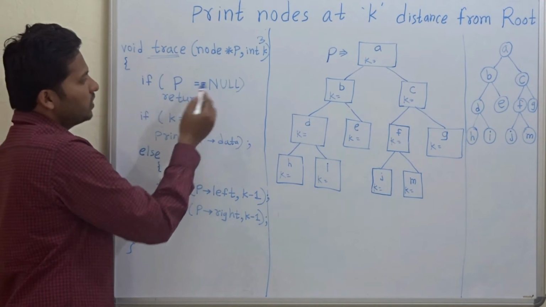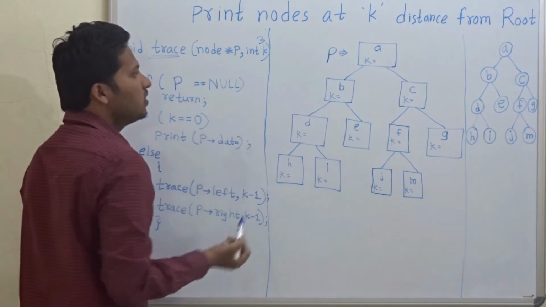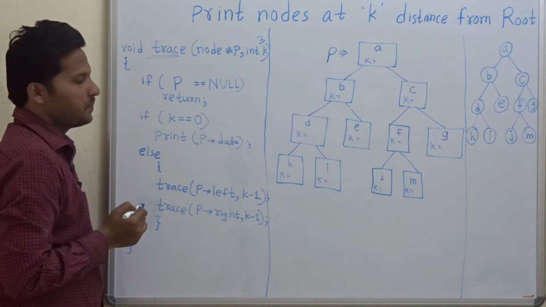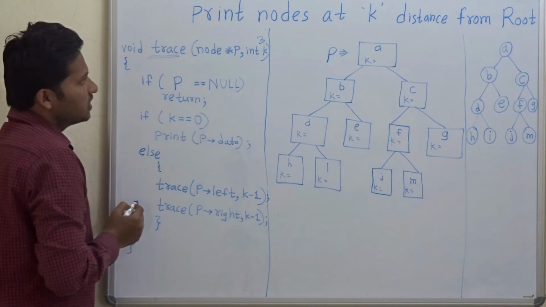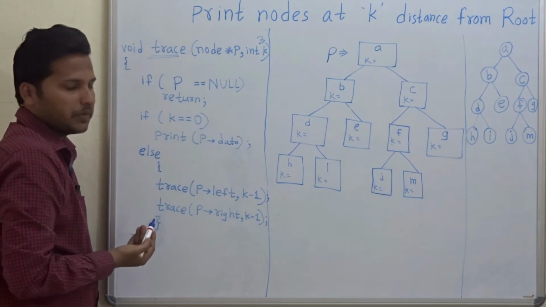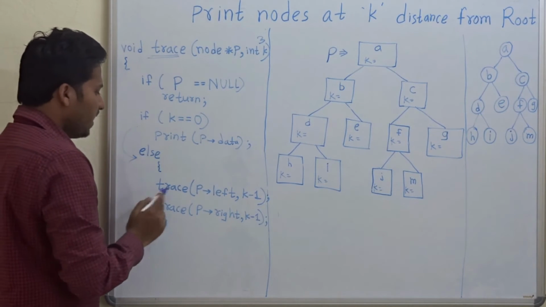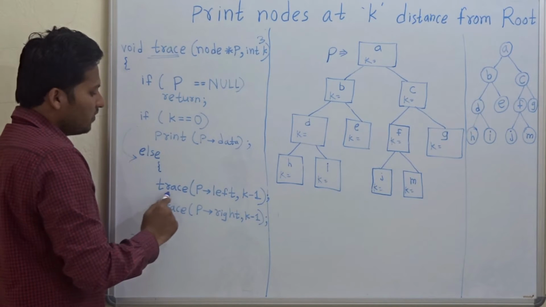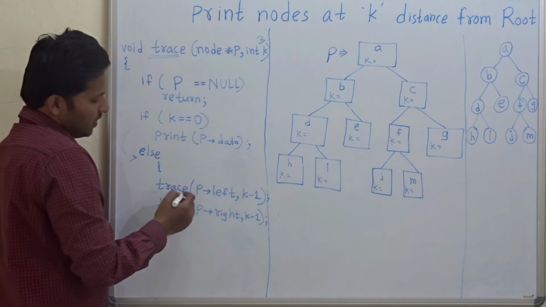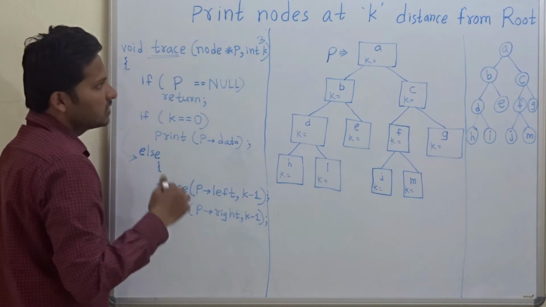If p equal to null, then return. As p is pointing to a node, p is not equal to null, so this condition will not be satisfied. Then if k equal to 0, no, because k is equal to 3, so this if doesn't satisfy. So then we go into else. In else we call the same function, which is why this function is recursive. So trace p points left comma k minus 1.